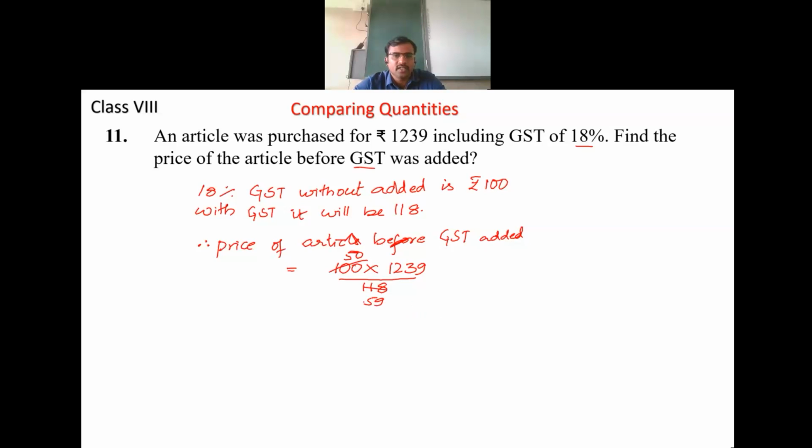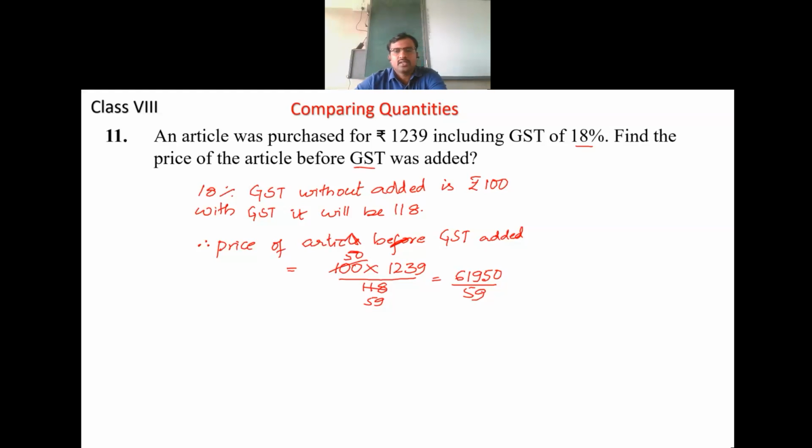Further, can this 59 be simplified? It cannot be simplified. Is 1239 divisible by 59? No, it is not divisible. 59 is a prime number, and when it is not divisible, there is no other alternative. So we multiply 50 with 1239, which gives 61,950, divided by 59.